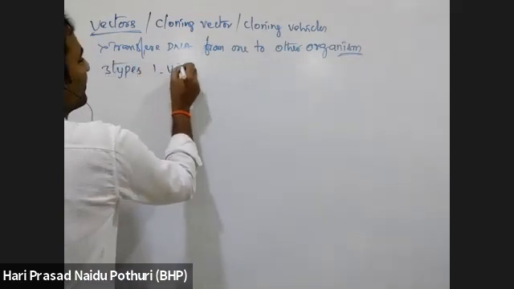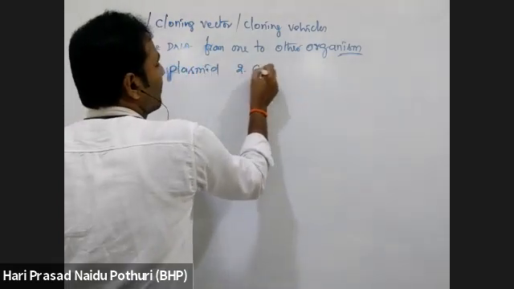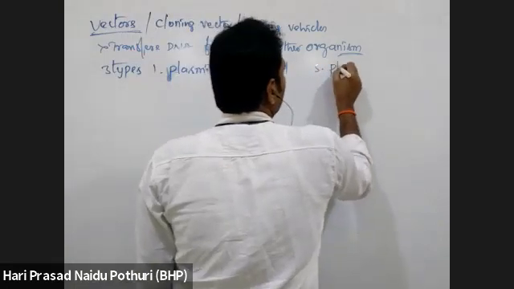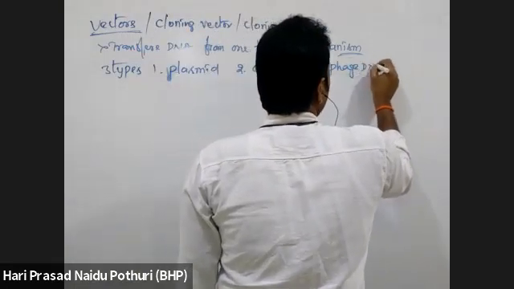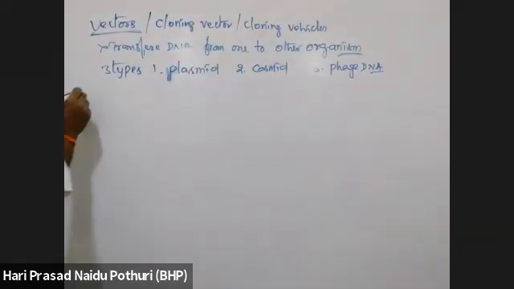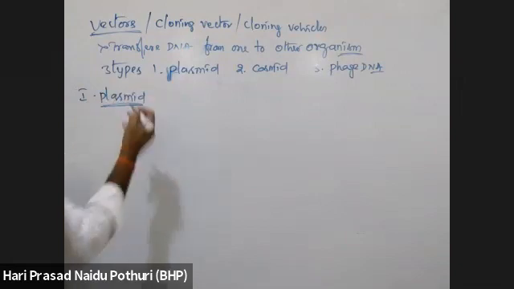One is plasmid, second one is cosmid, which is a constructed vector. Third one is phasmid, which is also called phage DNA. If you see plasmid, first one, up to characters of plasmids I will tell you.